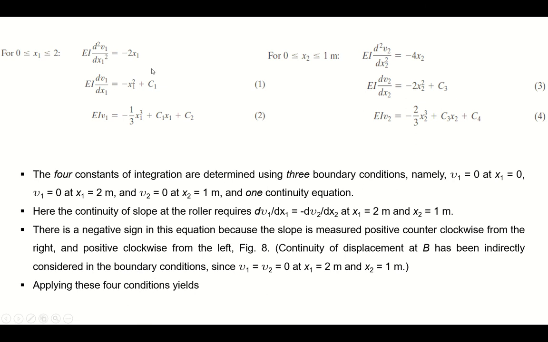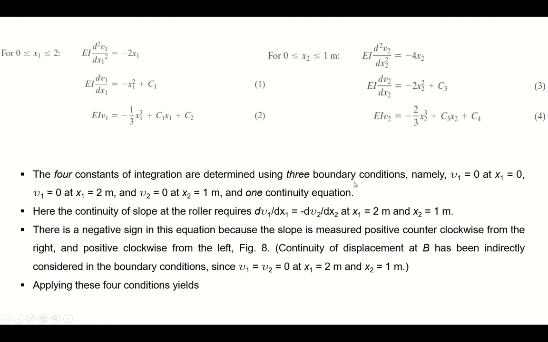So this is our slope equation, equation 1, and this is our deflection equation, equation 2, and c1 and c2 are the constants that are obtained after double integration of this moment equation. Similarly, for the second segment, when we integrate this equation, we will get c3, and double integrating this will give us c3 and c4. So the four constants, just like in the previous example, are determined using three boundary conditions.